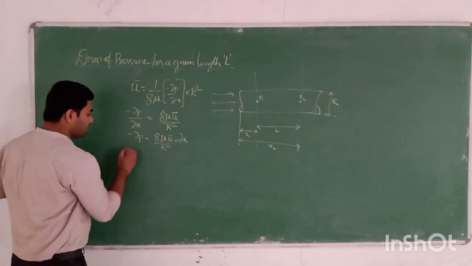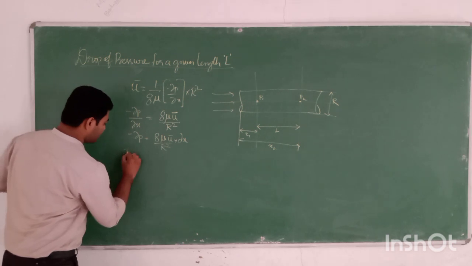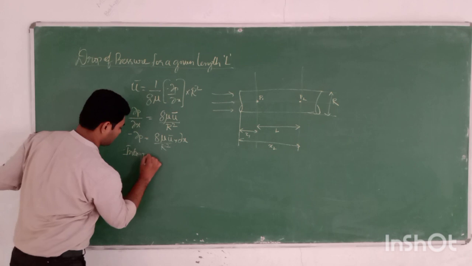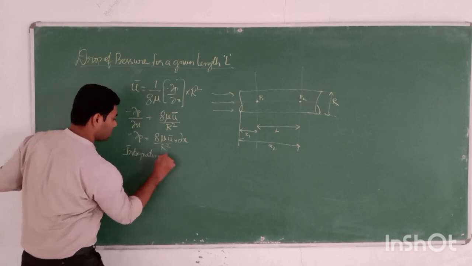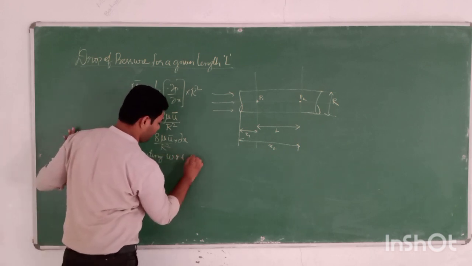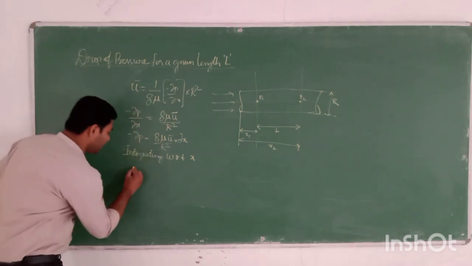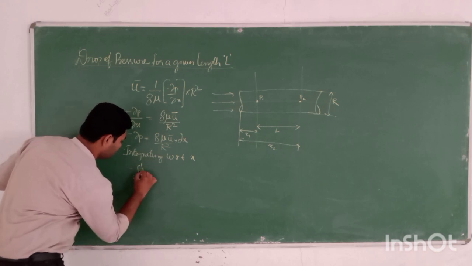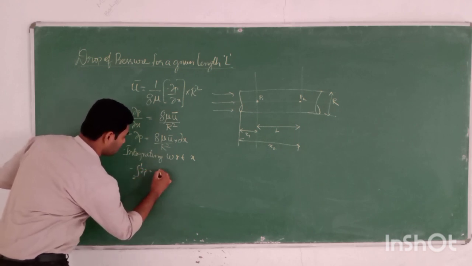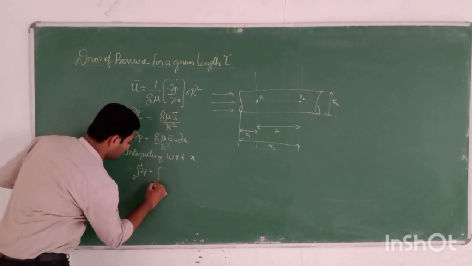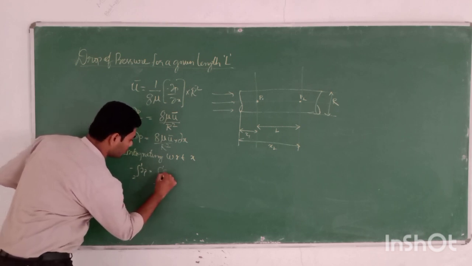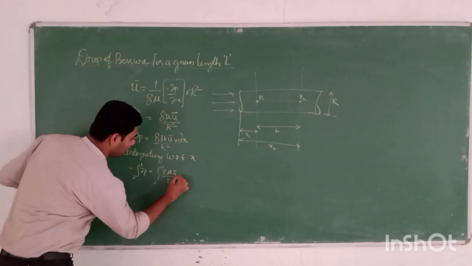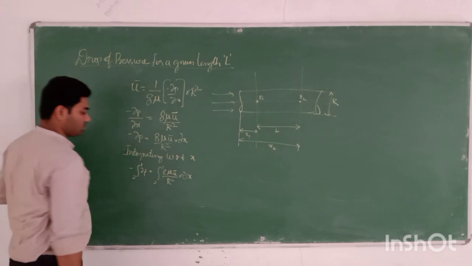Now by integrating this equation with respect to x, what do we get? Minus integral 1 to 2 dp equals integral 1 to 2 of 8 mu u bar by r square into dx.